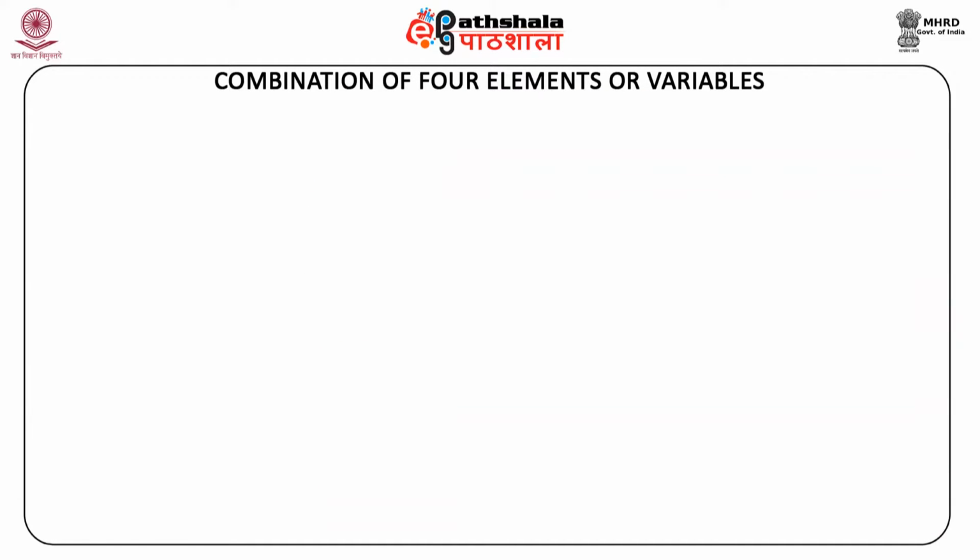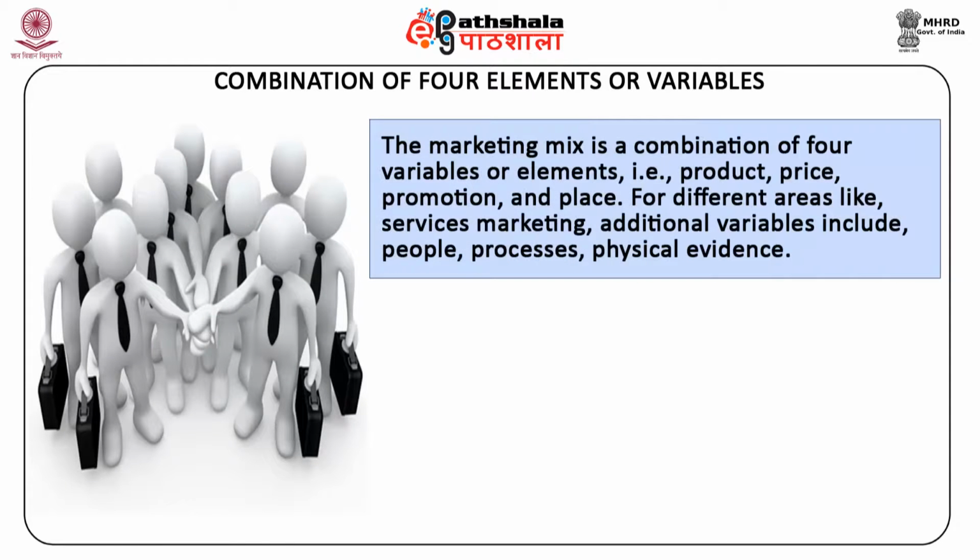First one is combination of four elements or variables. The marketing mix is a combination of four variables or elements, that is product, price, promotion, and place. For different areas like services marketing, additional variables include people, processes, physical evidence, etc.